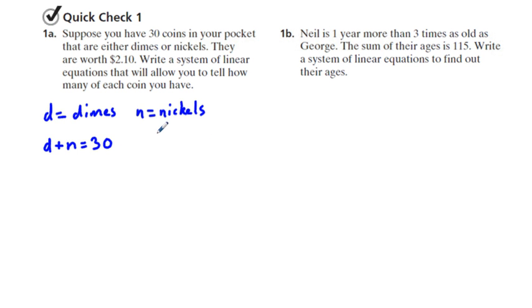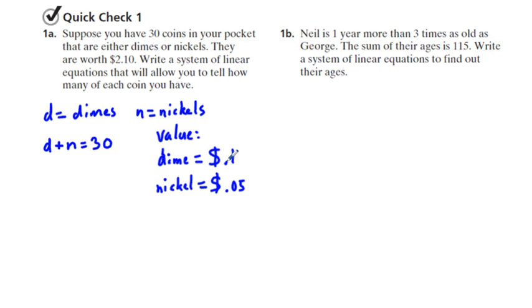And then you know the value, that's a typical equation. A dime is equal to $0.10, and a nickel is equal to $0.05.